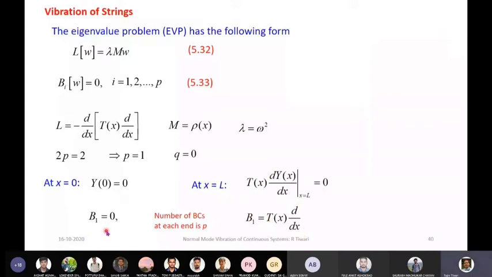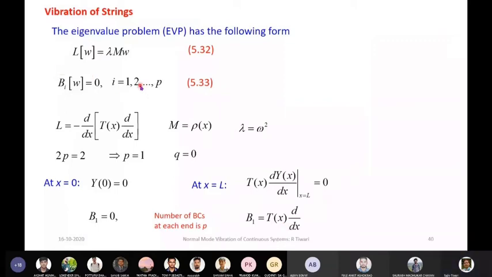So at X is equal to 0, B1 is 0, but at X is equal to L, B1 is this operator. As I mentioned, the number of boundary conditions at each end is equal to p. So here also 1 and here also 1. So this is consistent with our general notation of the eigenvalue problem.